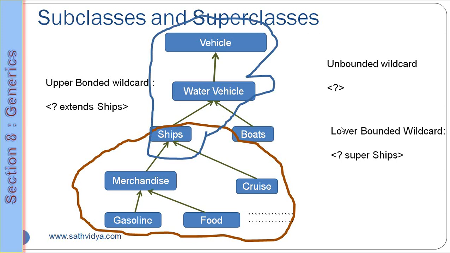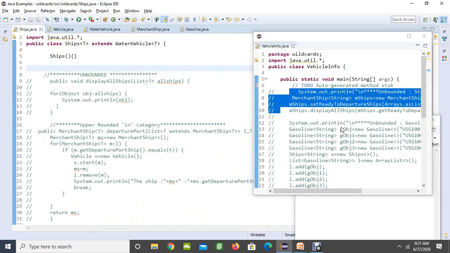Now we are going to see how we implement these bounded wildcards. Let's go to Eclipse. We have classes like vehicle, water vehicle, merchant ships, gasoline and ships.